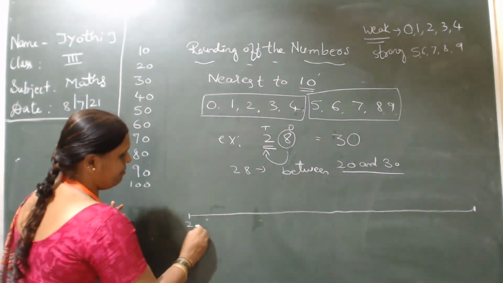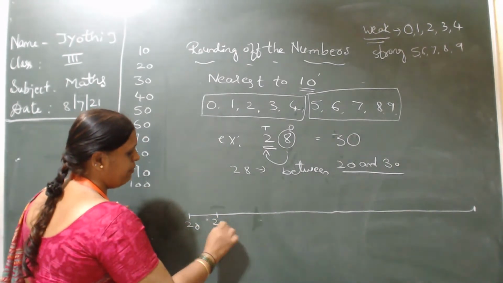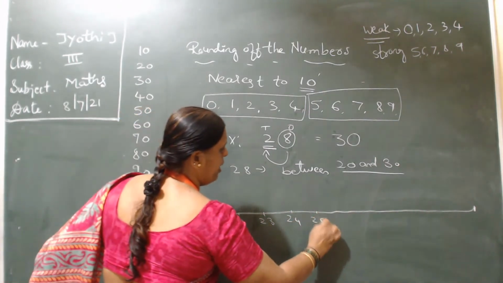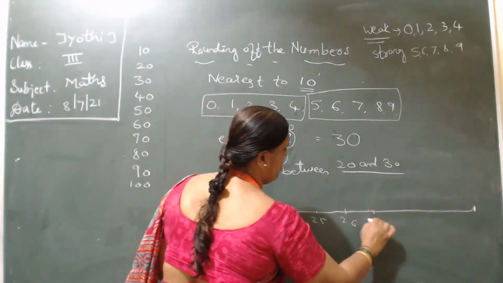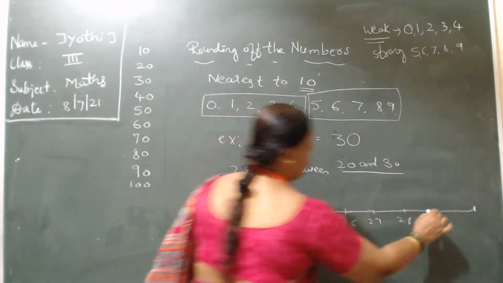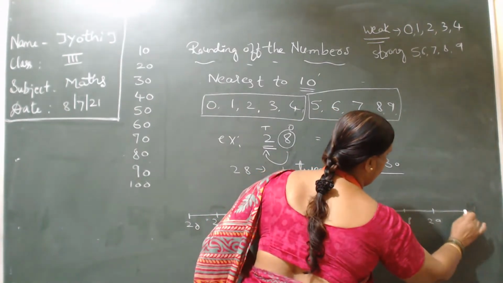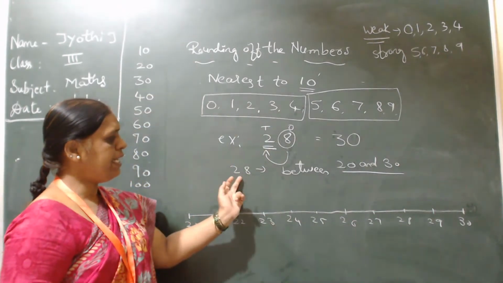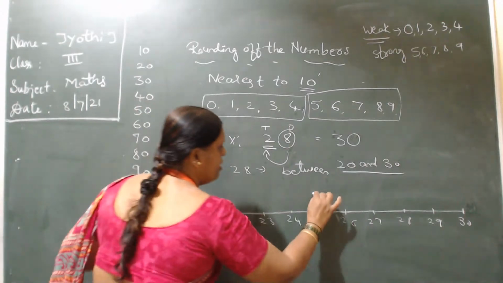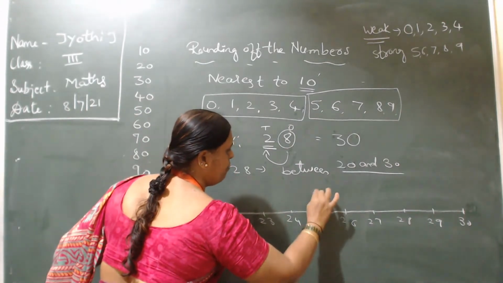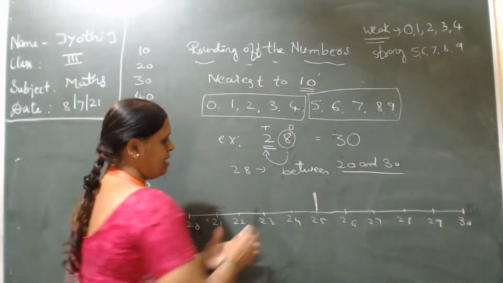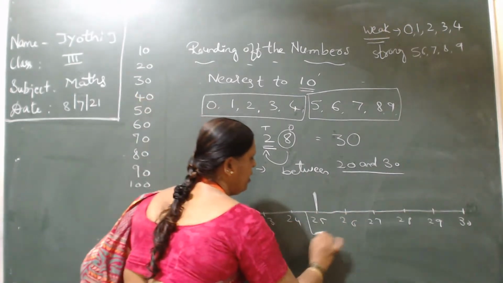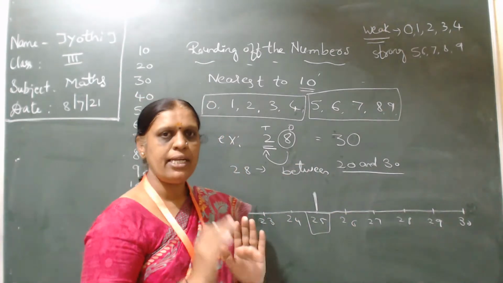So write the numbers 20, 21, 22, 23, 24, 25, 26, 27, 28, 29 and 30. Between 20 and 30, the number 25 is in the middle.